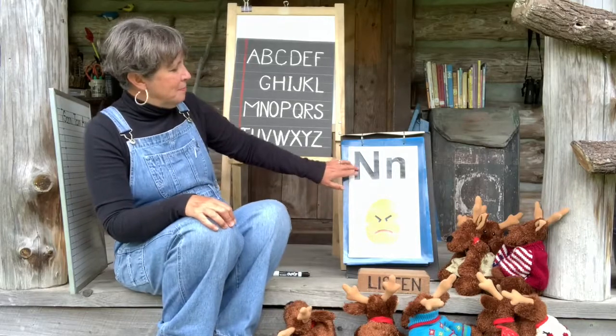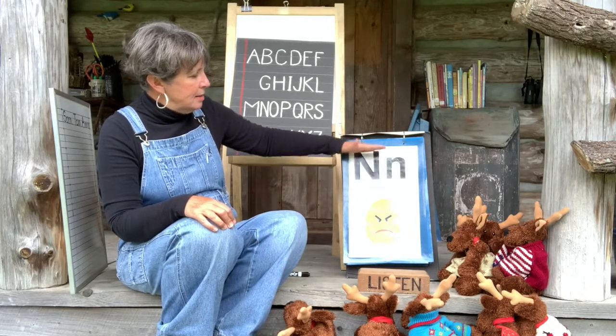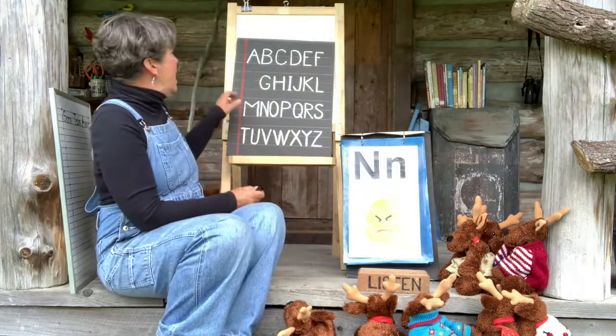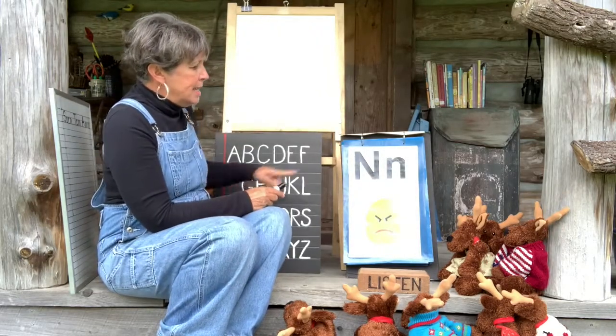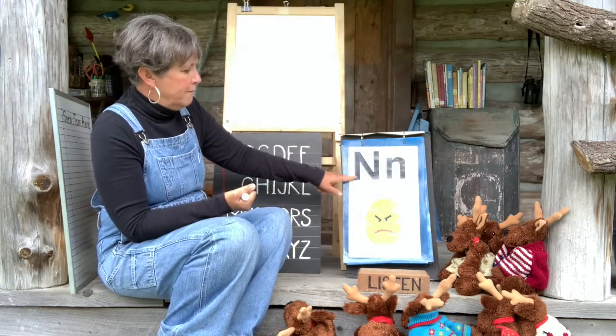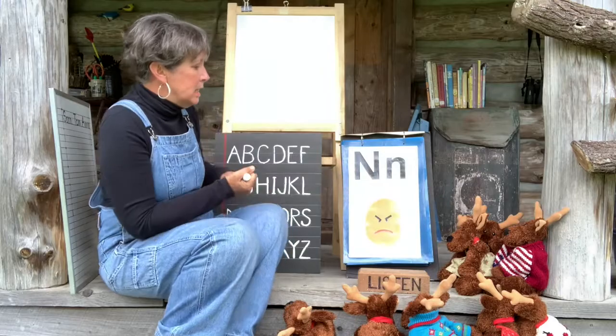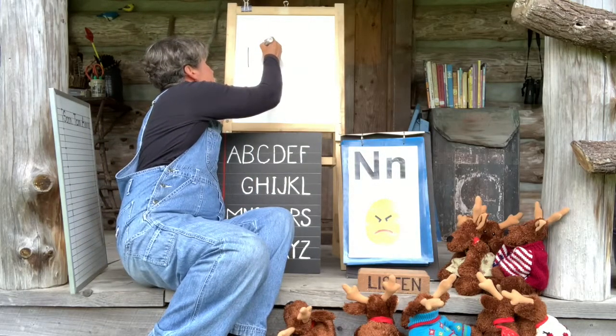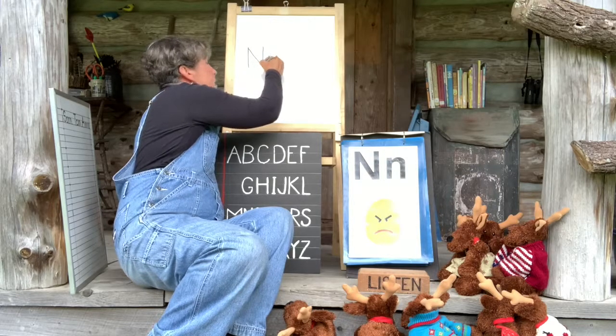Okay. Here we have an uppercase N, which is taller than the lowercase n. If I were going to make this without any lines, I see straight, straight, straight. Two of them are vertical and one is a slanting line. So I'll do straight, straight, slant.